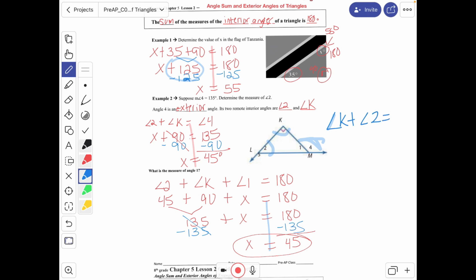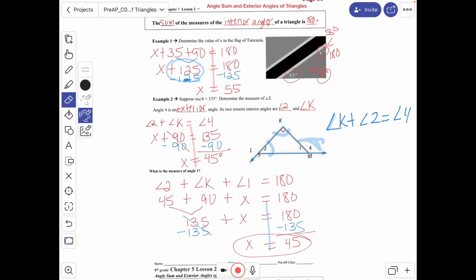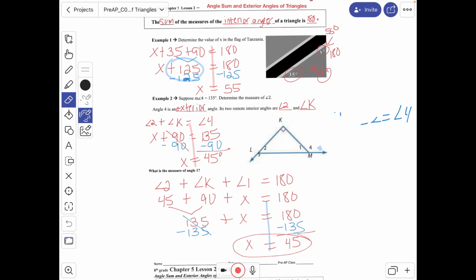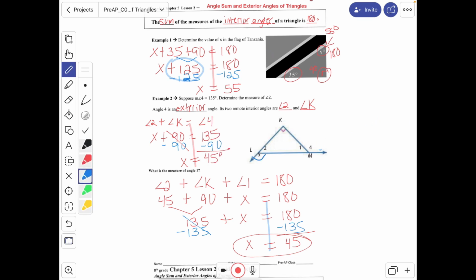So angle K plus angle 2 both equal angle 4. And we could do it the other way. Let's look. There's another exterior angle. Do you see angle 5? So angle 5 is going to equal the remote angles for that, which would be angle K and angle 1.